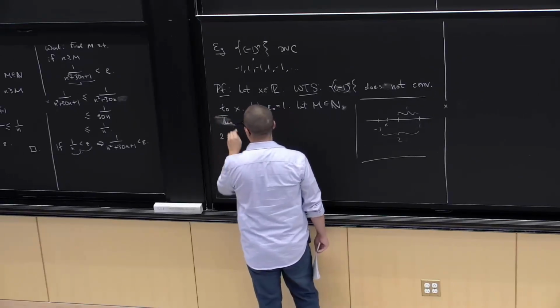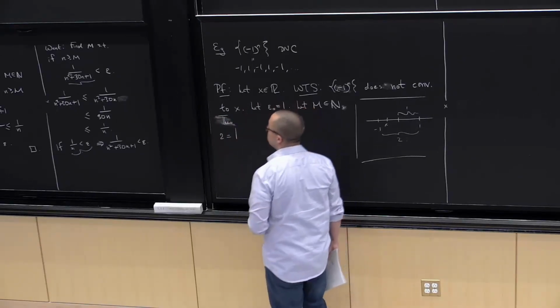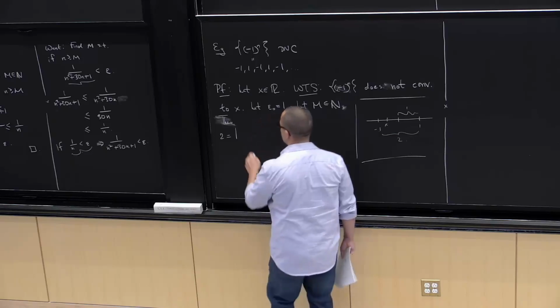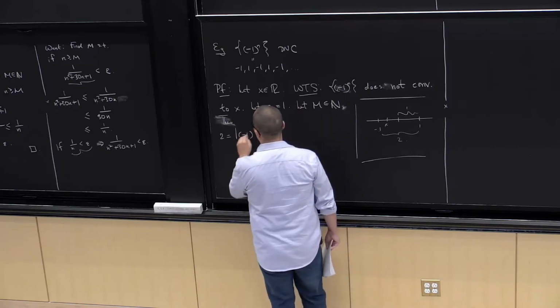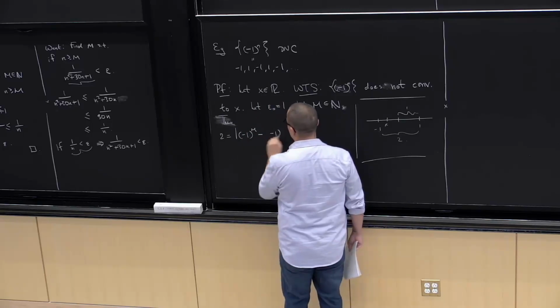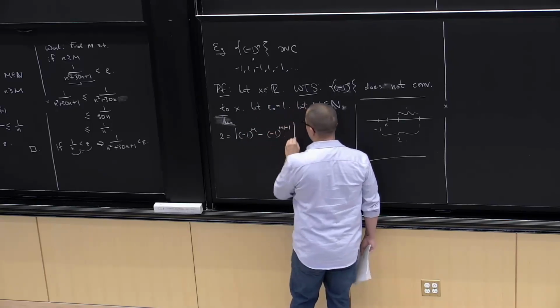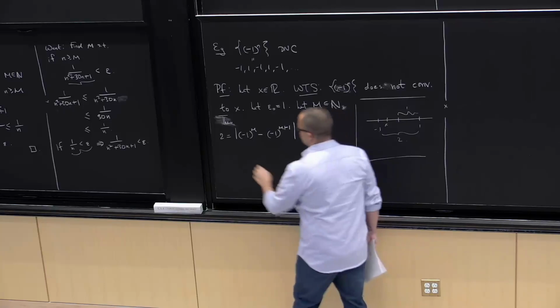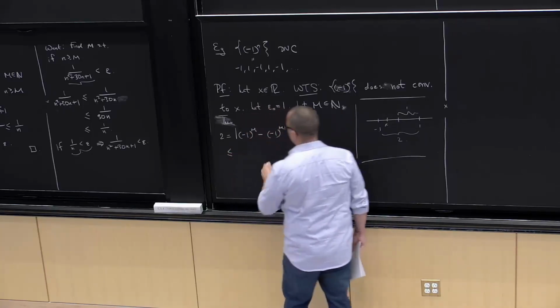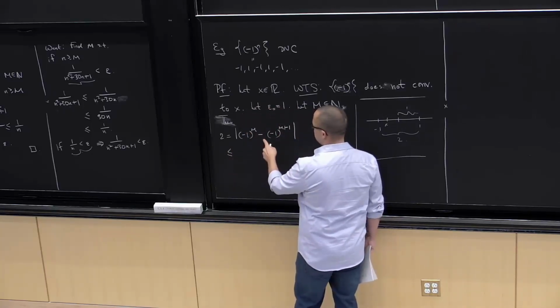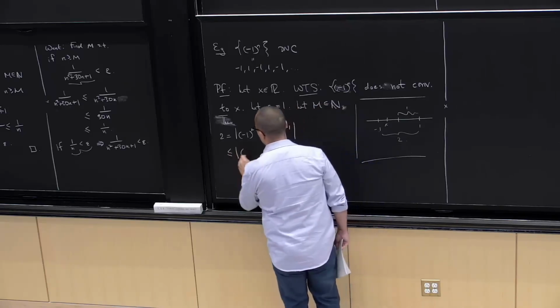Then 2, which is the distance between minus 1 to the M and minus 1 to the M plus 1, is less than or equal to, now using the triangle inequality, I add and subtract x, and then use the triangle inequality.